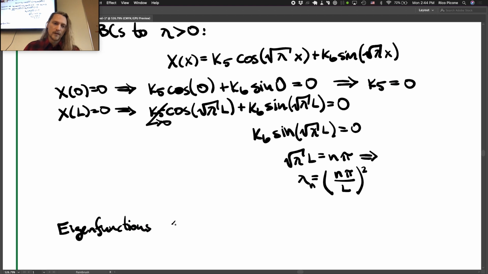So we have an eigenfunction, or functions, because there are an infinite number of them. Eigenfunctions, X of x equals sine, well, square root of lambda n, and it's actually easier to now just plug in n pi over L x.